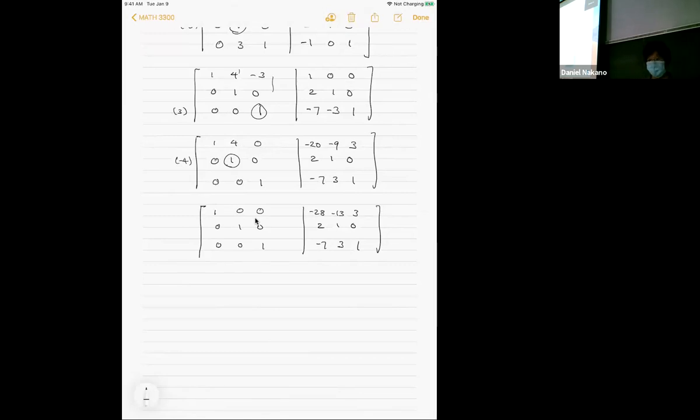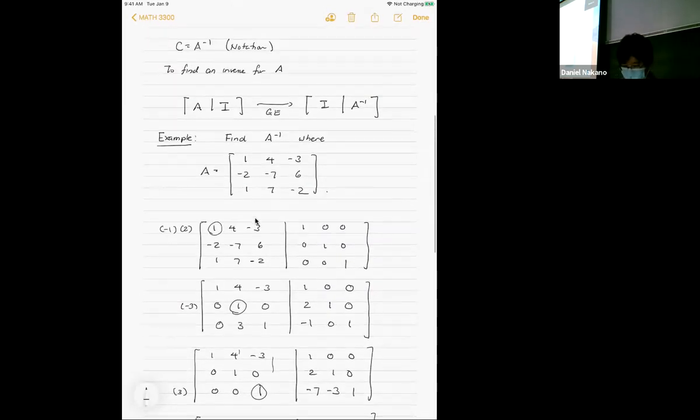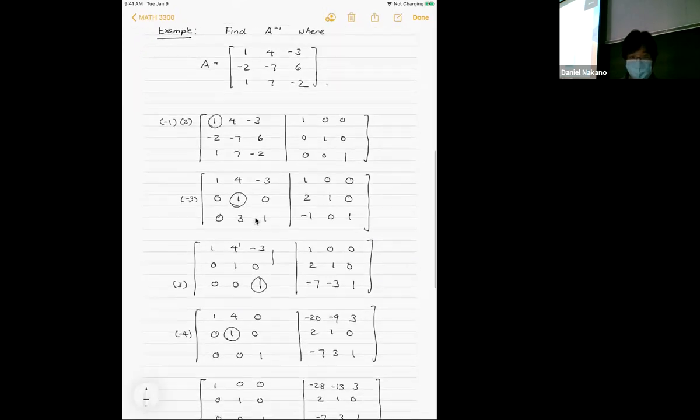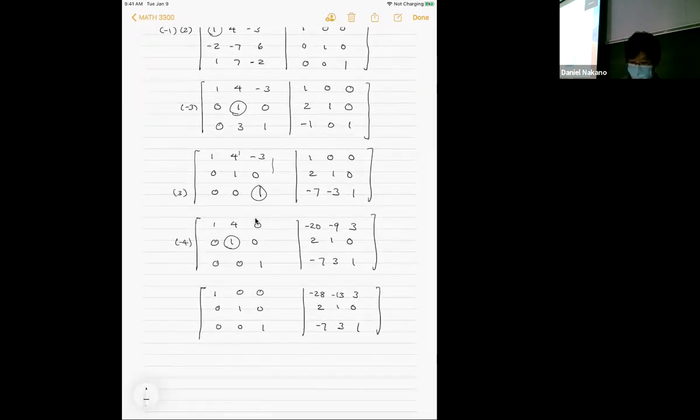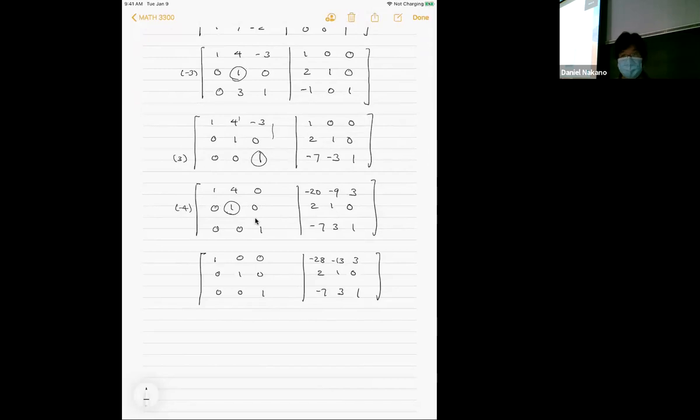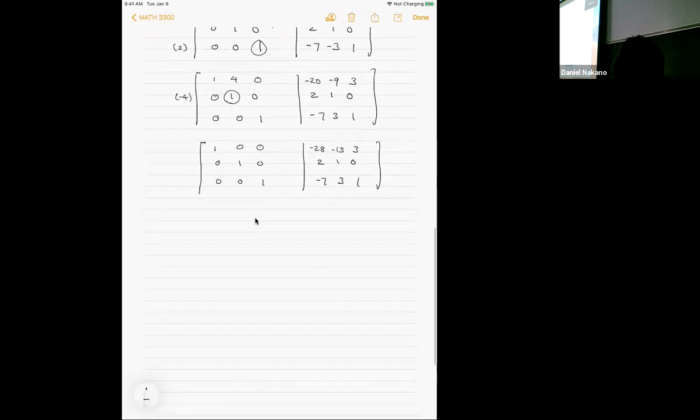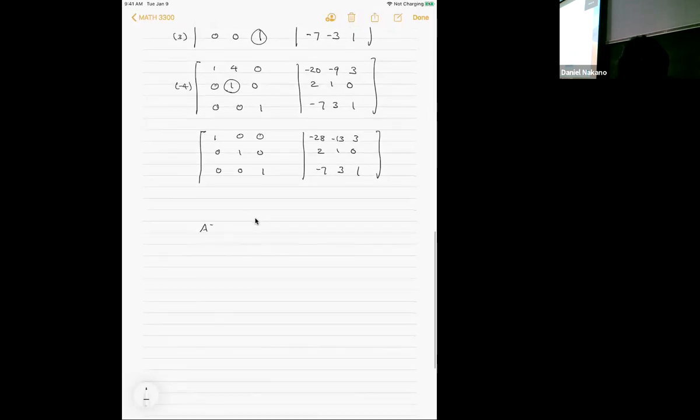So we started with A on the left, and then we went down and we transformed it to the identity on the left, and then we have the inverse now. And so the answer is A inverse is equal to -28, -13, 3, 2, 1, 0, -7, 3, 1.